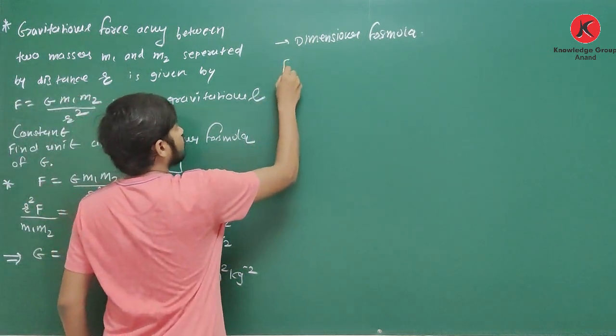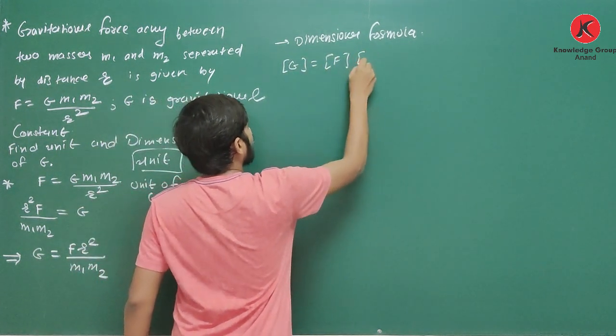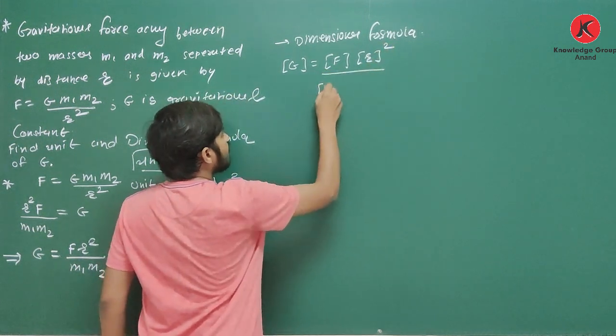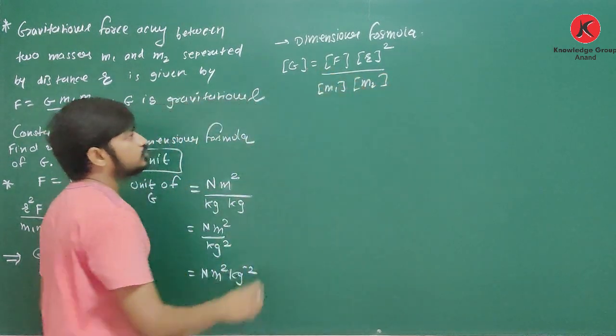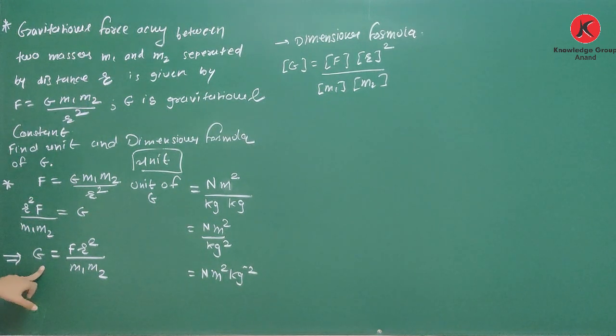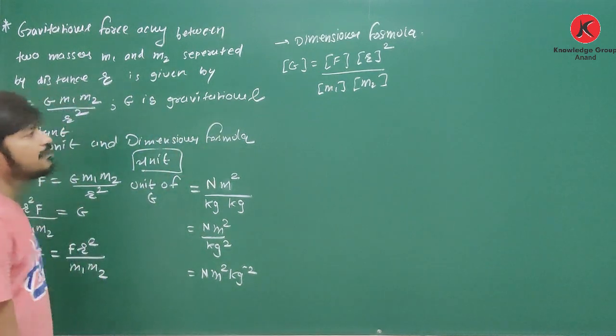So the dimensional formula of G is equal to the dimensional formula of F, the dimensional formula of r square, divided by the dimensional formula of m1 and the dimensional formula of m2. You have to first make G the subject. So G is equal to F r square upon m1 m2.